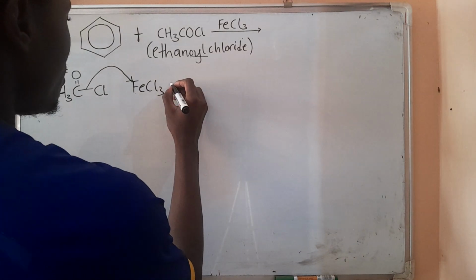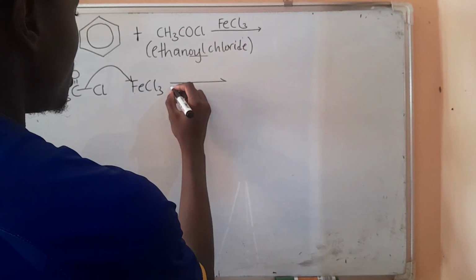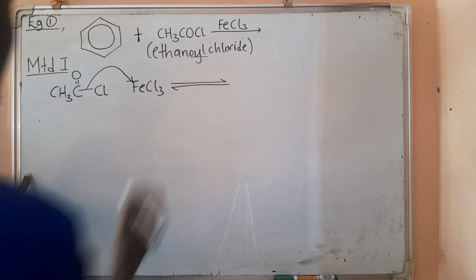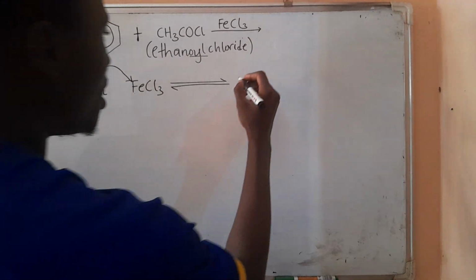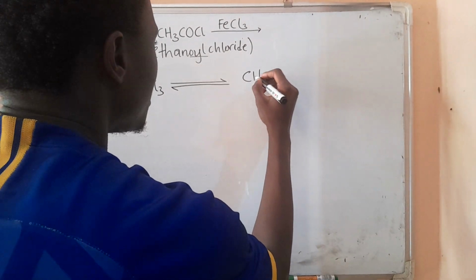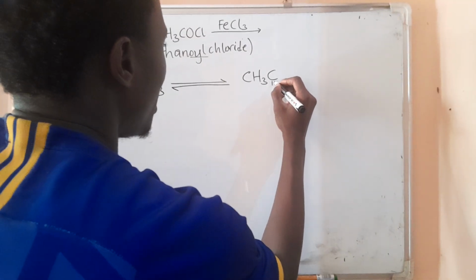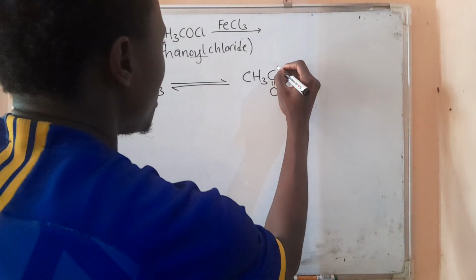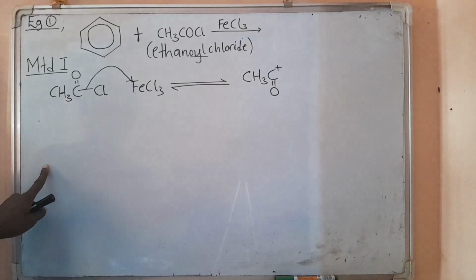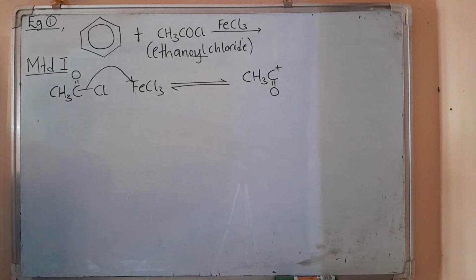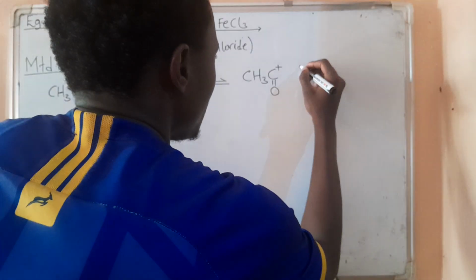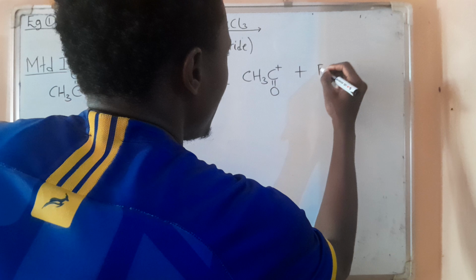Then we shall have the following. This bond is broken, then we form an electrophile, CH3, C, double bond with oxygen, which is electron deficient. Since electrons have been taken to the central metal atom, here we form FeCl4.